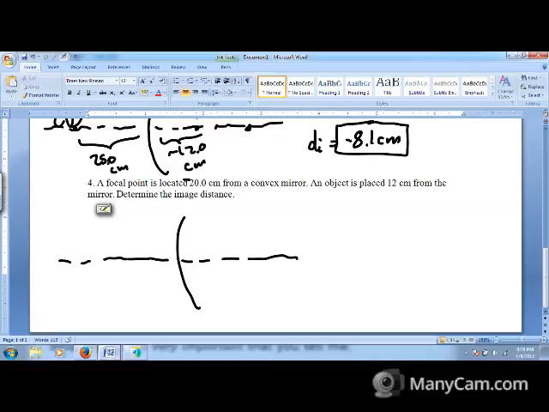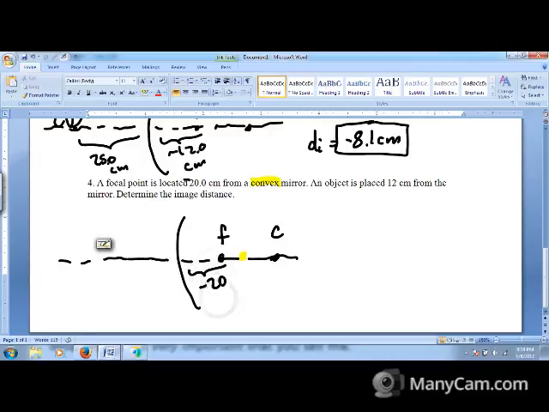When it says a focal point is located 20, I think what they actually mean is the focal point is 20 centimeters from the convex mirror. It's 20 centimeters from the mirror, but they don't say in which direction. But because it says convex, we're assuming that it's negative. So I guess they're asking you to figure that out, which from these examples, hopefully you've been able to do. So 20 centimeters, we can say is right here. That's our focus, center.